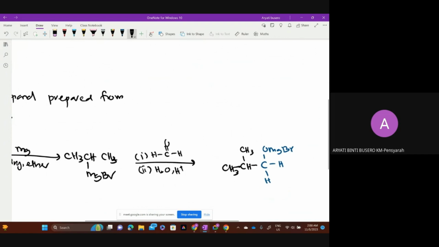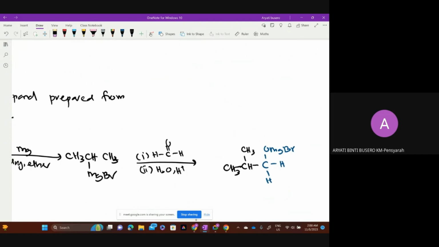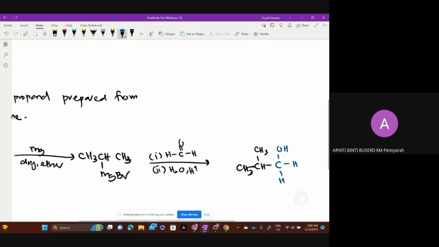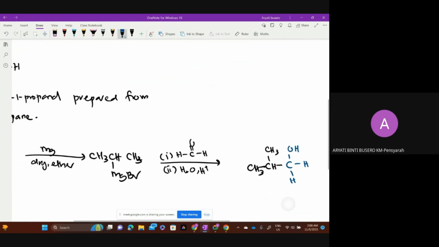Okay, followed by hydrolysis. So OMgBr becomes OH. So we get 2-methyl 1-propanol.